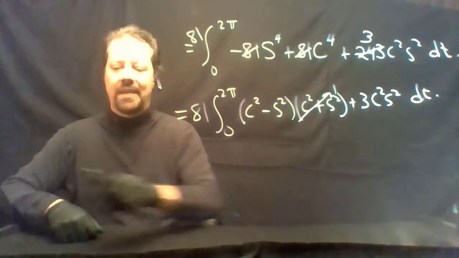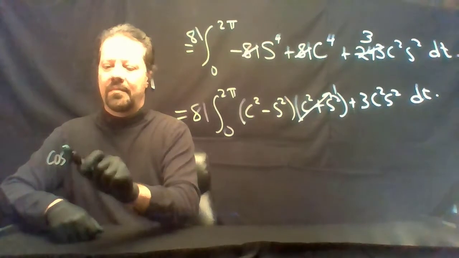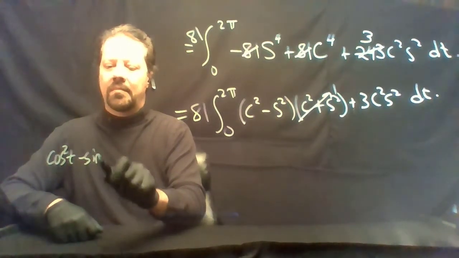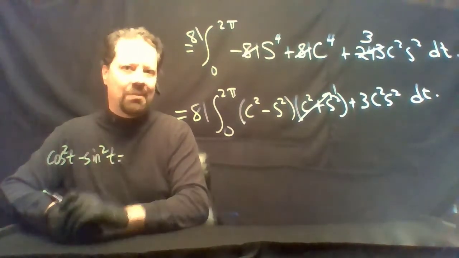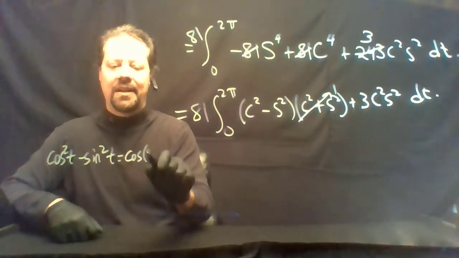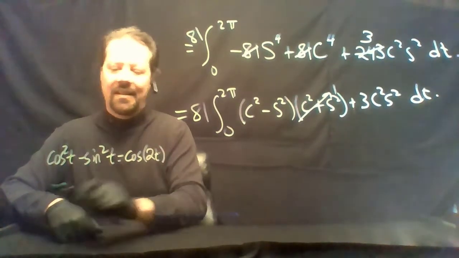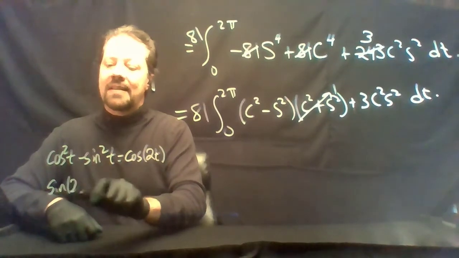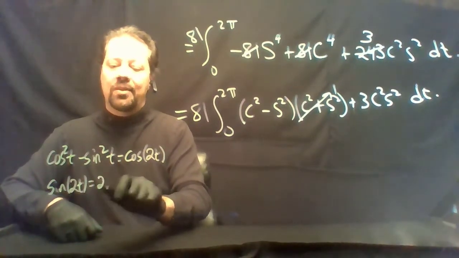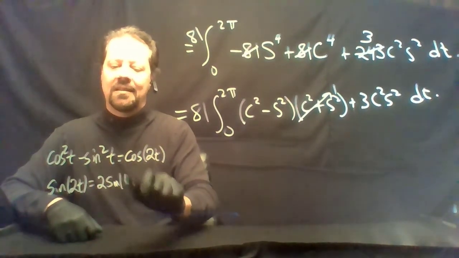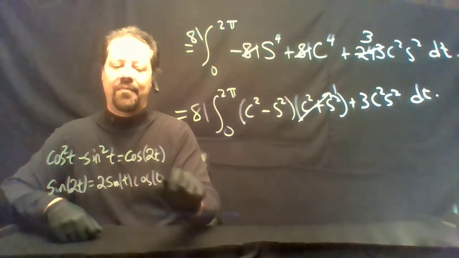Now cosine squared minus sine squared, that's a double angle identity. That's cosine of 2t. Keep in mind that sine of 2t is twice sine of t cosine of t.